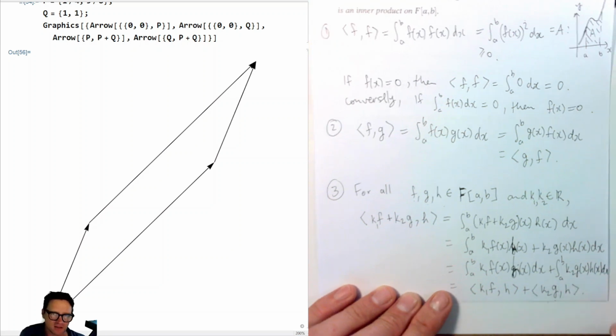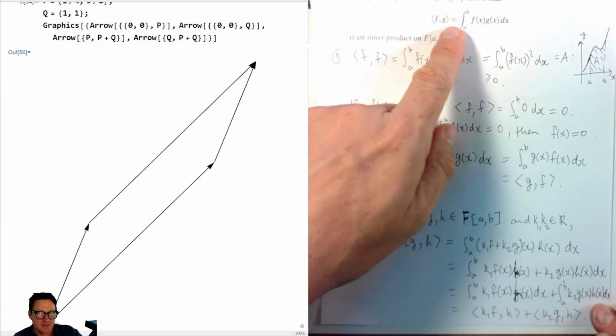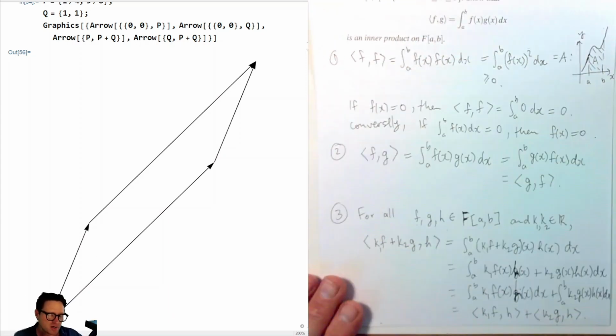Okay, so we have checked the three conditions to call this an inner product, and so this is an inner product.